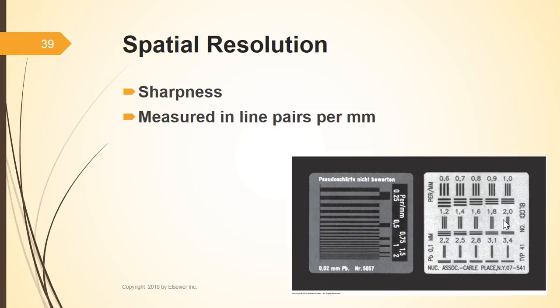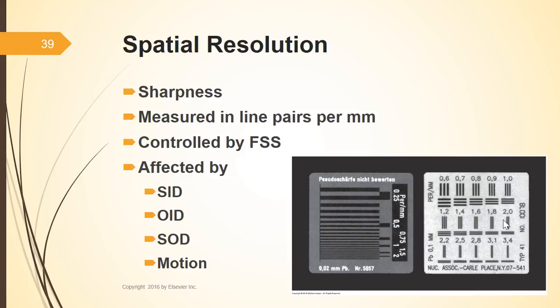No. Just understand that spatial resolution, or sharpness, of an image is measured in line pairs per millimeter, and it is controlled mostly or pretty much completely by the focal spot size. However, the sharpness or resolution can be affected by all of these other factors too.